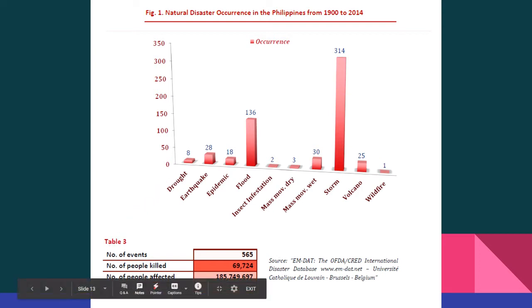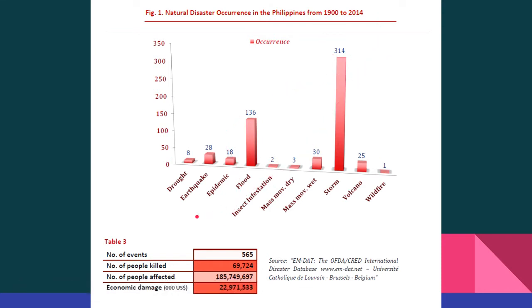The number of events is 564, and the total number of people killed within this period is 69,724, and the number of people affected is 185,749,697, and the total economic damage in terms of US dollars is 22,971,533.